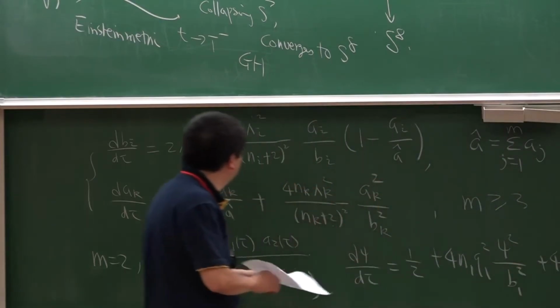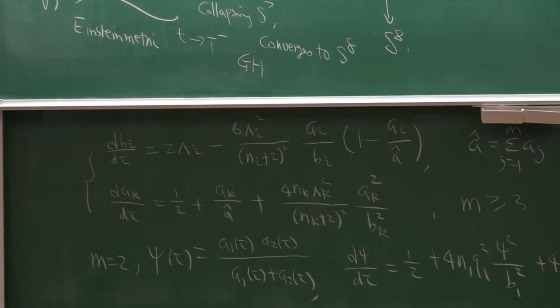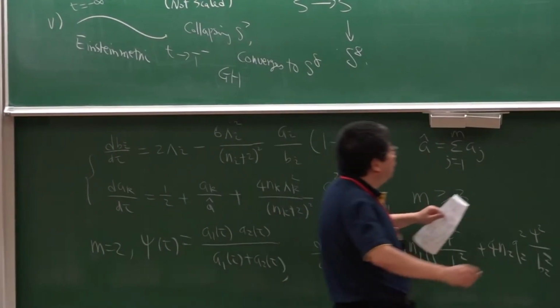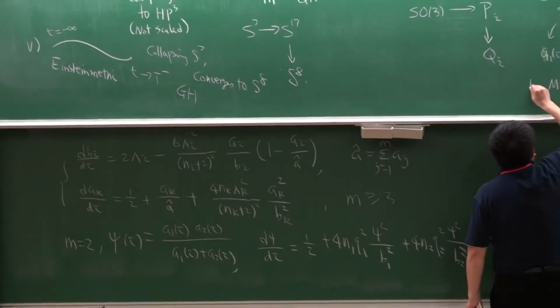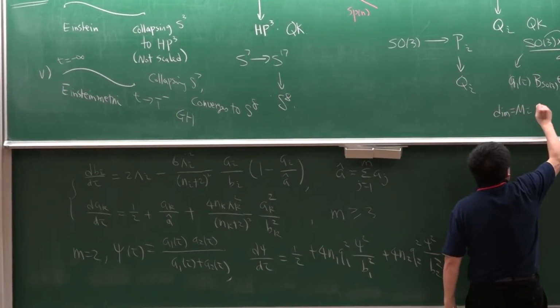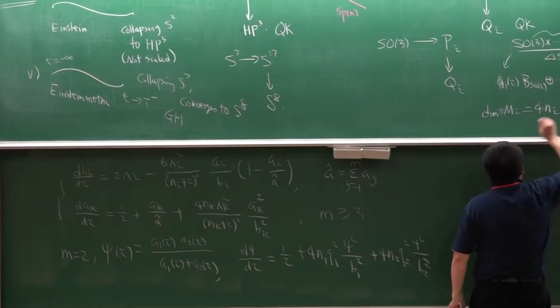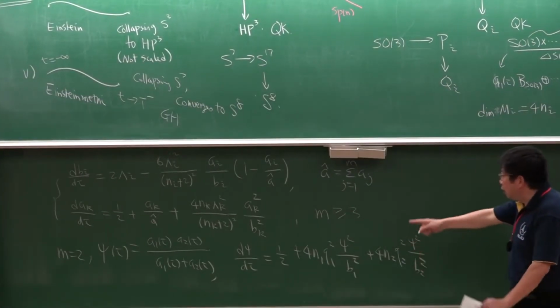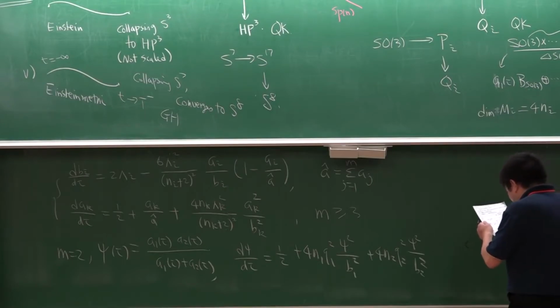Okay, so A, B are variables. The others are constants. So let me explain the constants. mi's dimension, because it's a quaternion Kähler manifold, is 4ni. And the capital lambda is defined by the following.